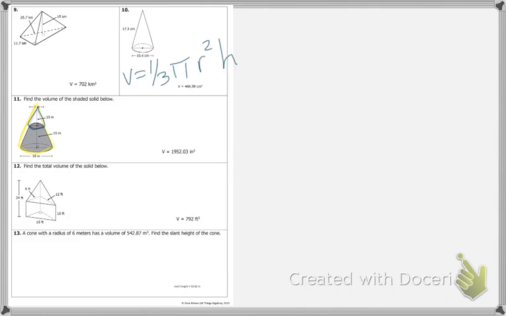So we need two things. We need the heights and we need the radiuses. So let's start with the big cone. The volume of the big cone is 1/3 pi. Let's find out what my radius is for the big cone.